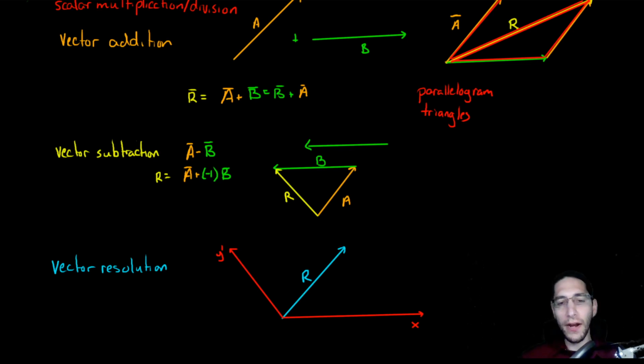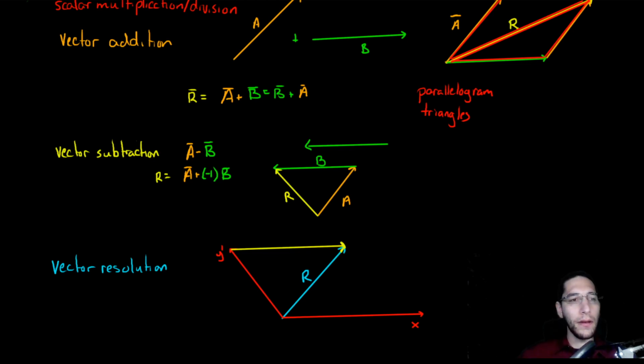How do I do this? I start at the head of the vector, and let's make a parallel line with x until we cross the y prime axis. So that becomes one of my vectors. Let's do the same thing.